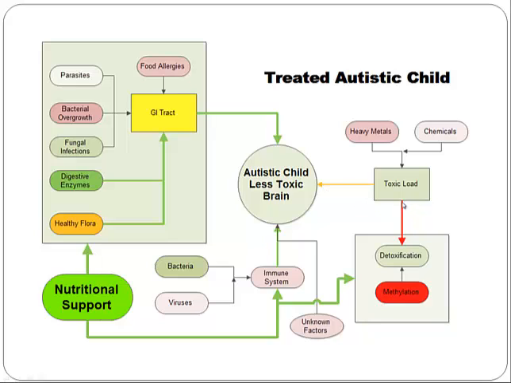And we see a lot of the toxins are going out through our detoxification system, as portrayed by this red arrow. Now, nutritional support plays a big role in this because we're providing flora, digestive enzymes, we're providing support to the immune system, we're supplying methylation support and detoxification support, and this is helping the situation.